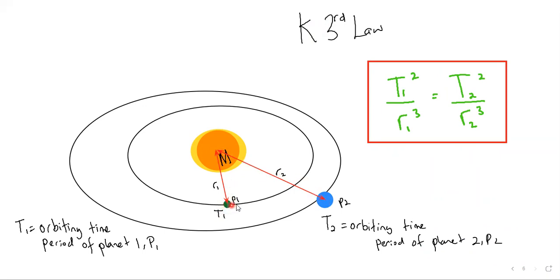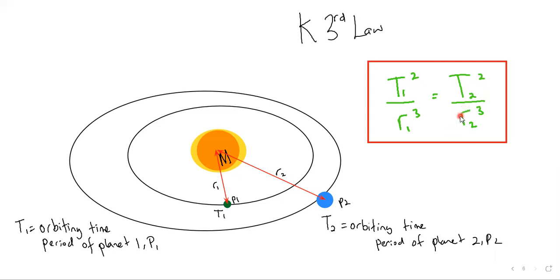This is T1, the period taken by the first planet to orbit, and this is T2, the period taken by the second planet. Using Kepler's third law, T1 squared over R1 cubed is equivalent to T2 squared over R2 cubed.